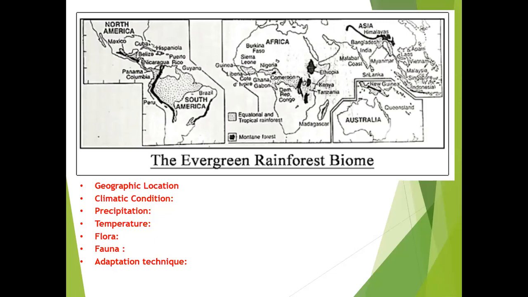That means very dense forests, and different layers of forest. The topsoil of the tropical rainforest is heavily leached because of the very heavy rainfall, so the uppermost part of the soil, the topsoil, lacks nutrients.